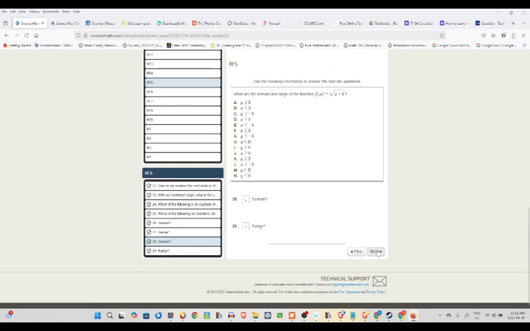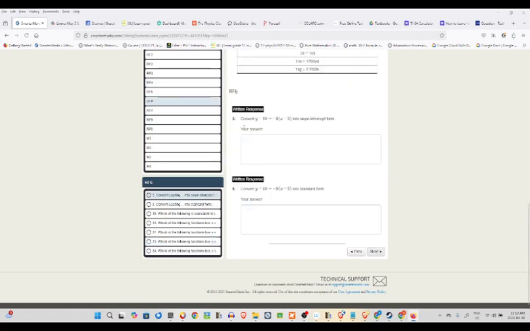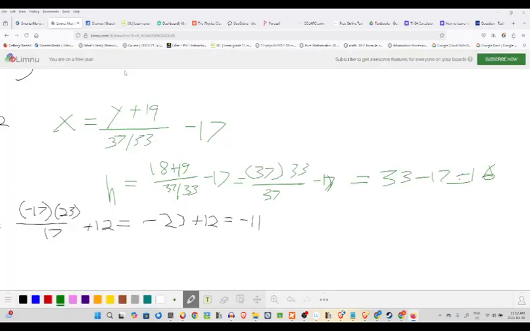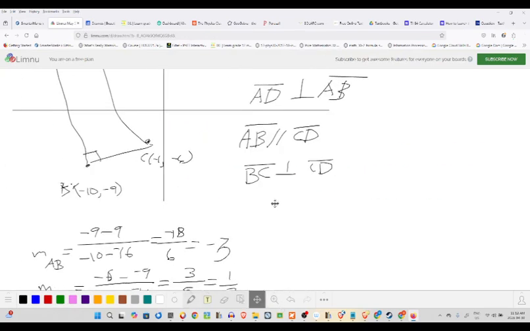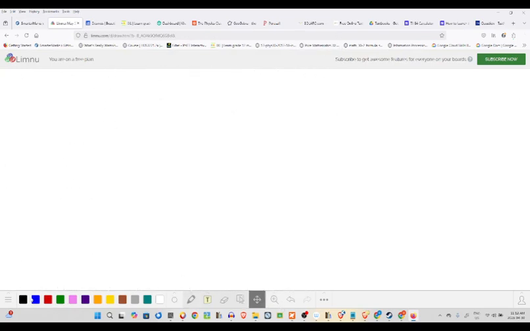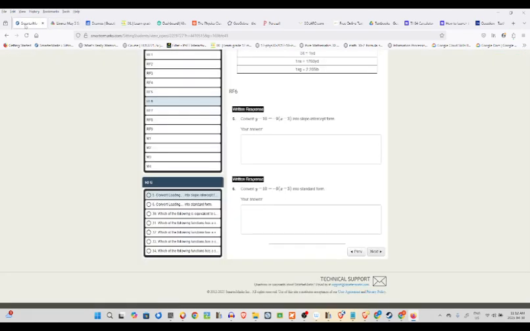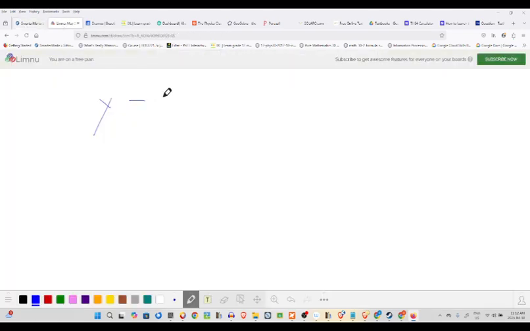Moving ahead to relations and functions 6. We want to convert y minus 10 equals negative 9 times x minus 3 into slope-intercept form. We can do that by expanding and simplifying. So y minus 10 equals negative 9 times x minus 3.